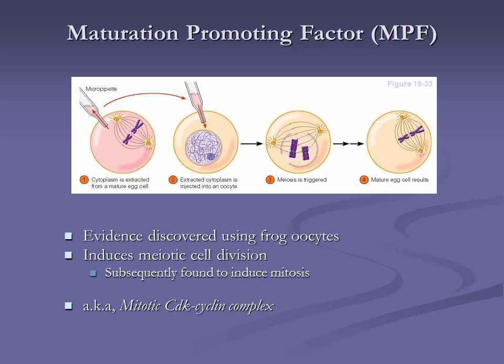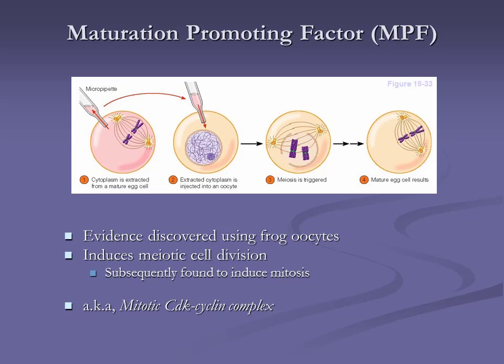Now, it's pretty cool, because another part of this control, moving from checkpoint to checkpoint, from phase to phase, is regulated by various factors that sometimes we call CDKs and others we call cyclins. And there's one factor, maturation promoting factor. This was discovered in frog eggs.